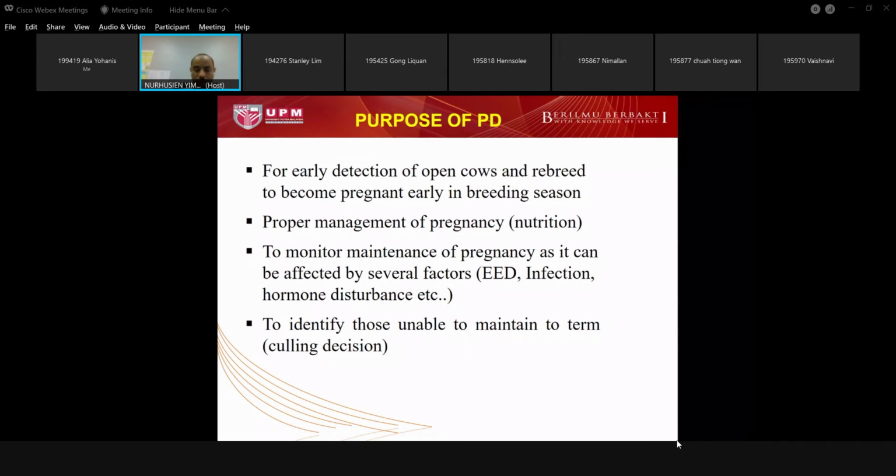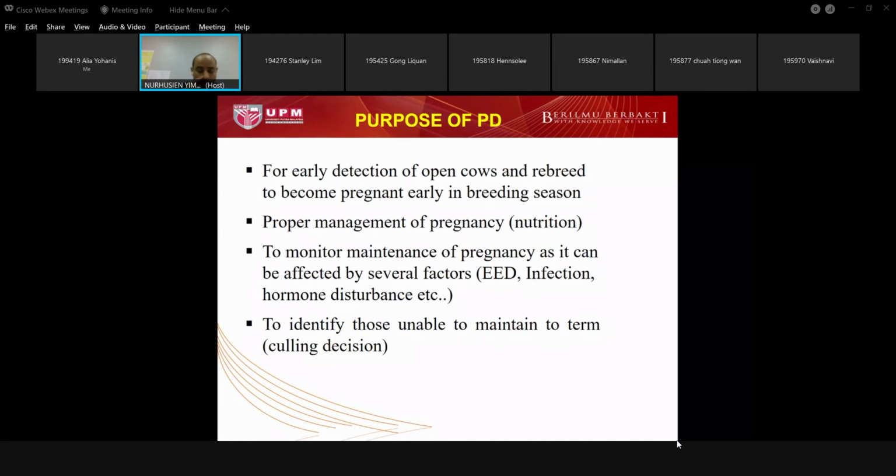The nutritional requirement of a pregnant animal is obviously different compared to that of a cow on a different reproductive status, a non-pregnant cow, or maybe a lactating cow. So accordingly, you can adjust your feeding regime with the pregnancy, and that is possible only if you know that the animal is pregnant.